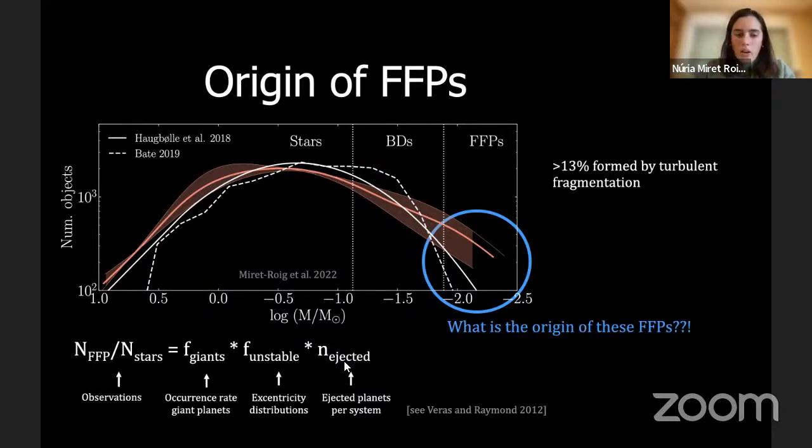But plugging in all these numbers, comparing them to our observed mass distribution, we again found that a significant fraction of our sample could indeed have formed by this mechanism.